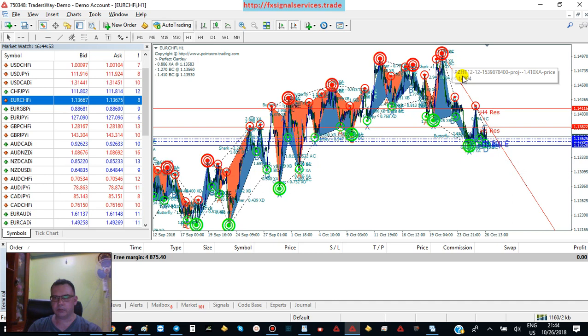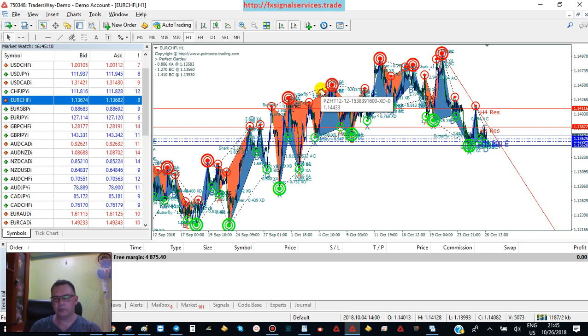And then we have this triangle coming down here, forming like a wedge. Okay, it's called the wedge pattern. And what's happening is it's going to get very tight here, and it's going to break out, and it's going to go into an uptrend. Okay, so that's what we're looking at.